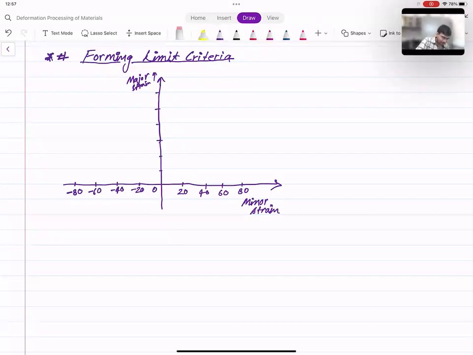So say this is 20, 40, 60, 80, 100, 120, etc. So this is 20, 40, 60, 100, 120, and so on.